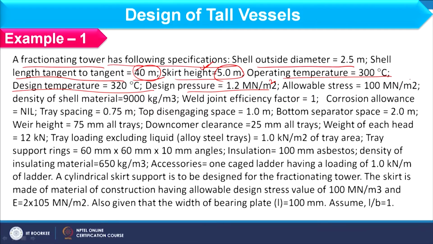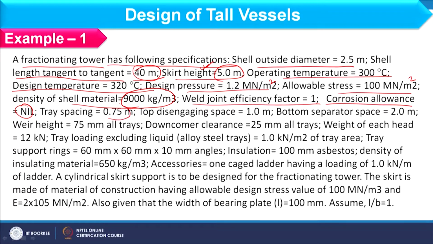Allowable stress is 100 meganewton per meter square. Density of the shell material is 9000 kg per meter cube. Weld joint efficiency factor is 1, and along with this we are given corrosion allowance as 0. It means we are not considering this.